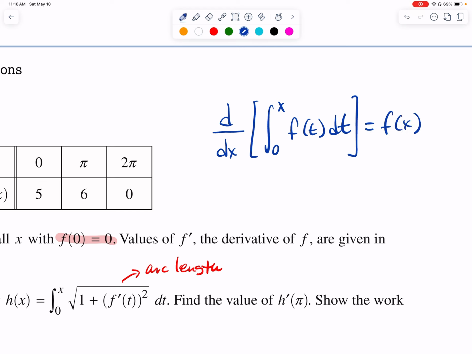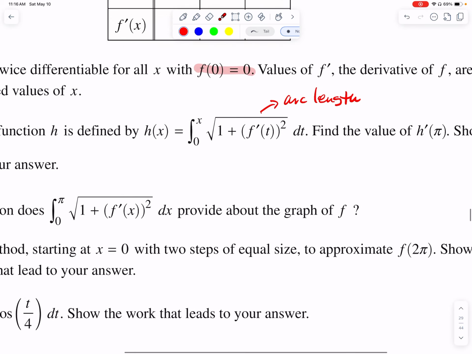In other words, this is the version of the fundamental theorem of calculus which establishes the inverse relationship between this antiderivative action, these definite integrals, and the derivative. Okay, so I'm just applying that right here.